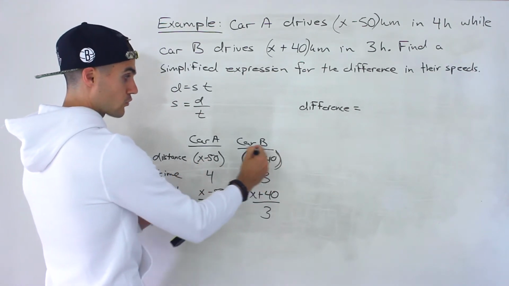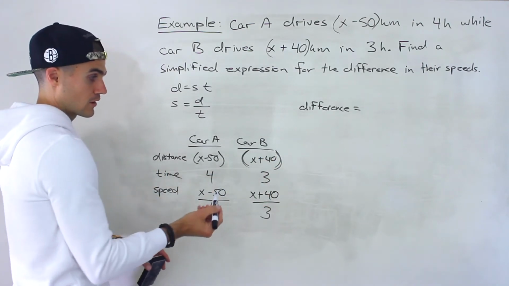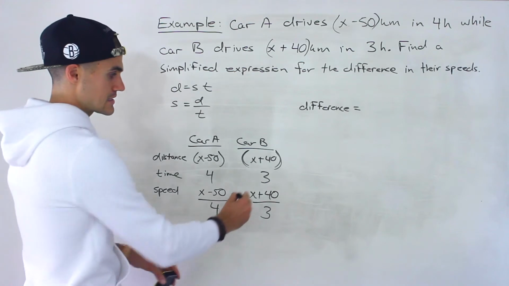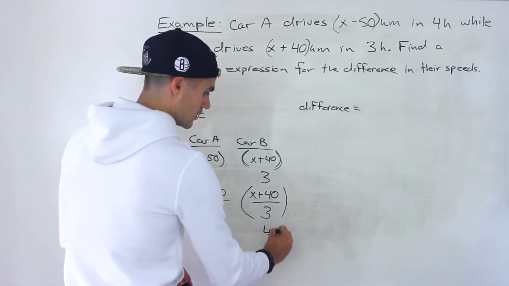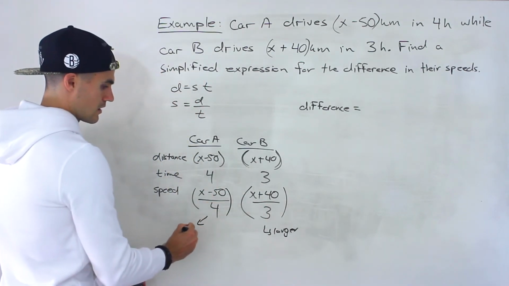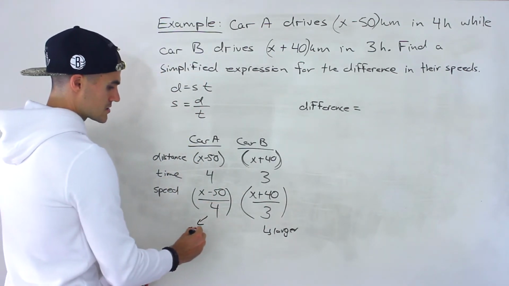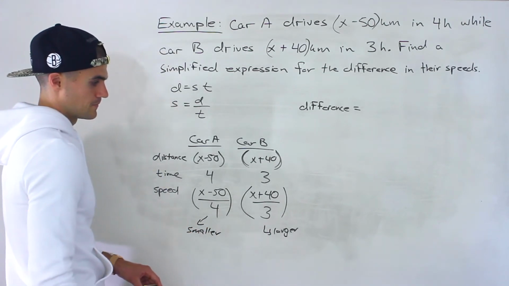So it's covering a greater distance in a shorter amount of time, 3 versus 4. So obviously this here is the larger speed, and this here is the smaller speed, the faster speed and the slower speed.